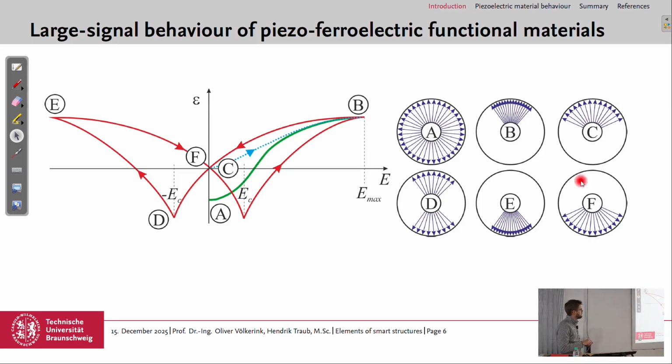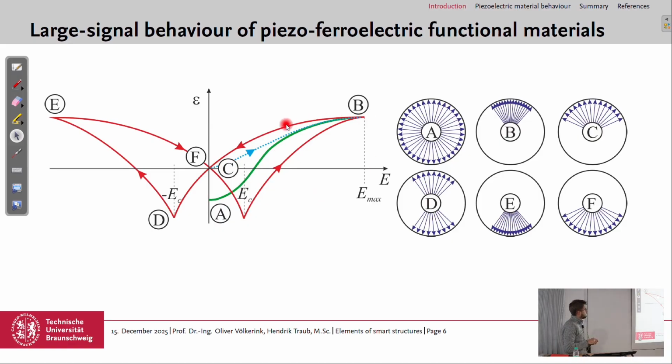And also due to that, we have here a remnant strain between this point and this point, comparing the unpolarized piezoceramic with the polarized one. And you could also shift up this butterfly hysteresis and define that this point A is 0 strain, so it depends on the definition.